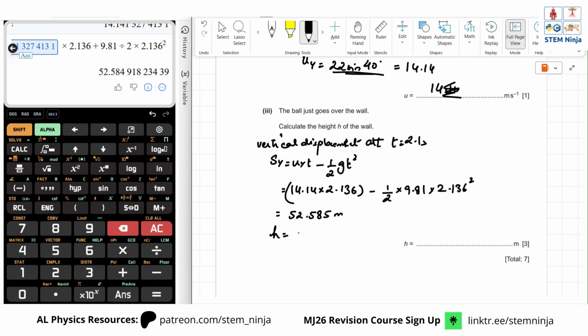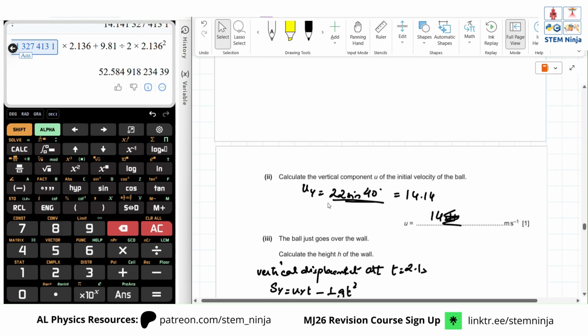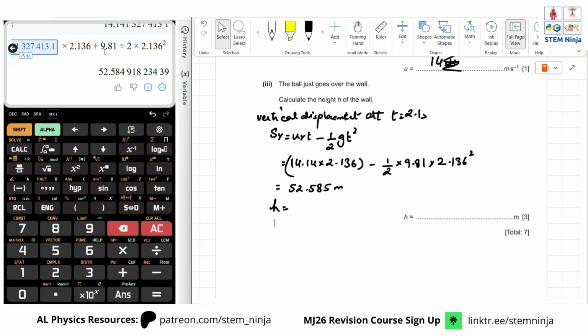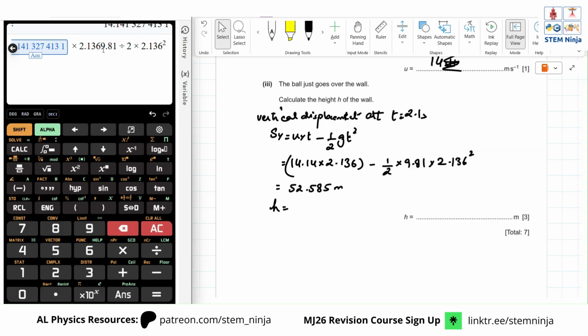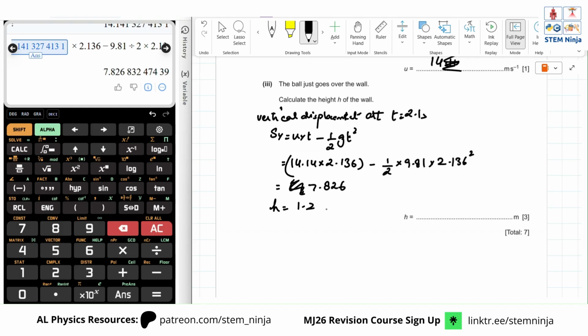So h would be 1.2 meters above that. Wait, is this correct? Oh, sorry, this was supposed to be minus 7.8, sorry. So 7.826, so 1.2 plus 7.826.